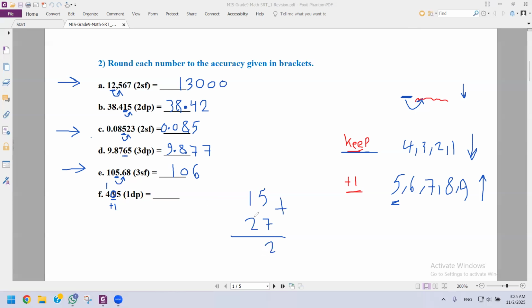What do you do? You write 2 and you carry 1 up. So this is doing exactly the same. I'm doing 9 plus 1 is 10, so I write 0 and I carry 1 here. Okay, so now 4 will be 5. So 4.95 is rounded up to be 5.